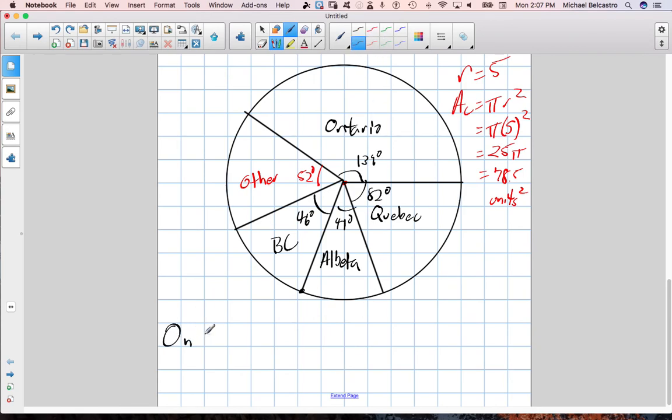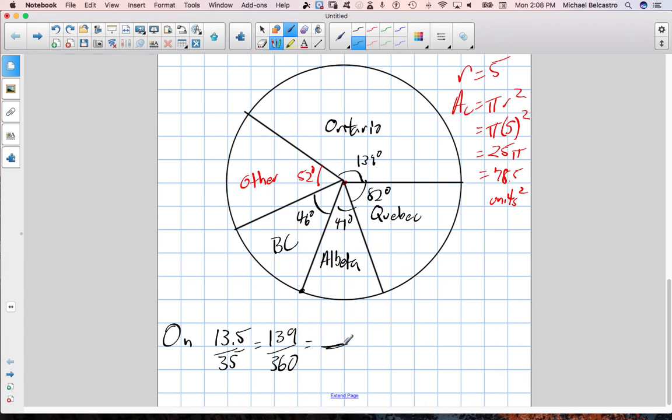So if you remember, Ontario was approximately 13.5 out of 35 million. That's our portion of our whole. Our sector angle was 139 out of 360. That should not have been hard to calculate. That's a constant.